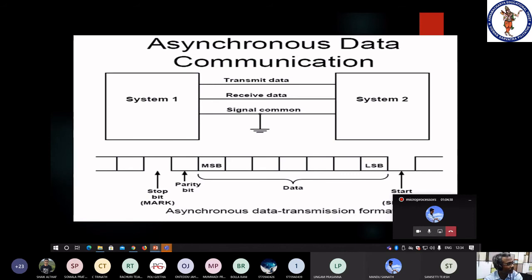Very simple. Okay. For transferring 1 character in asynchronous communication with a 1K baud rate, how much time does it take?